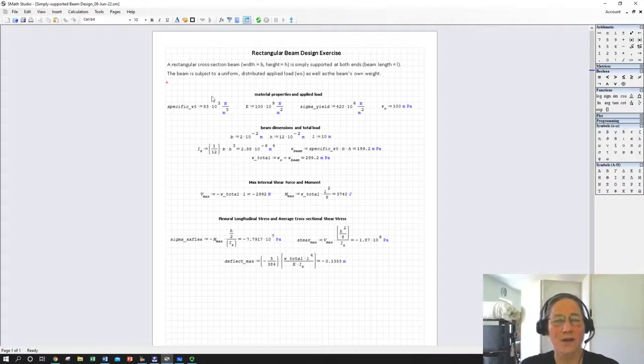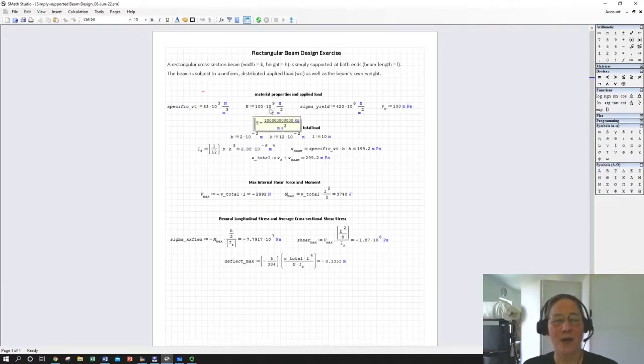The goal here is to determine what parameters fall within an allowable range. This is basically a design guide. I've started with material properties and applied loads. Each one of these is a variable input. For specific weight, I think I picked this for brass.